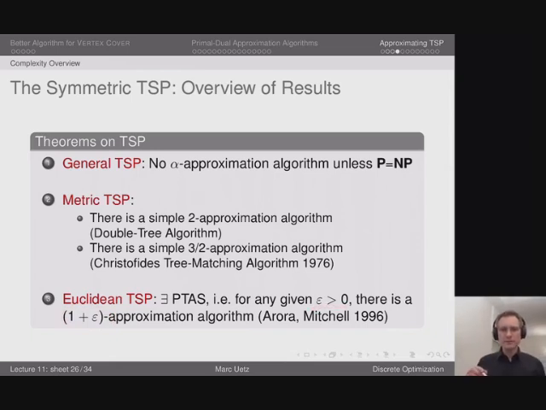So we can come close to the optimum solution, as close as we want. So the approximation factor will be 1 plus epsilon, and we can do so in polynomial time for any fixed and given epsilon. Okay. What I'm going to do in the rest of the lecture is explain these 2 beautiful constant approximation algorithms.